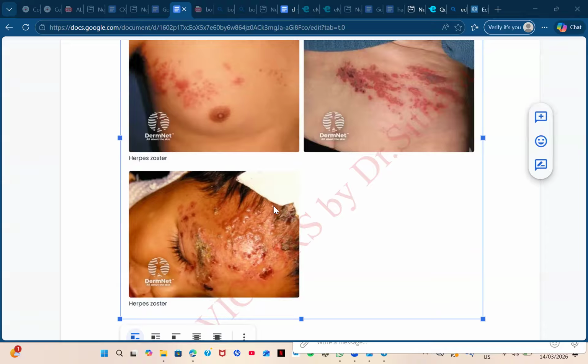Okay, this is a dermatomal distribution. So in this area, what is the name of the rash?